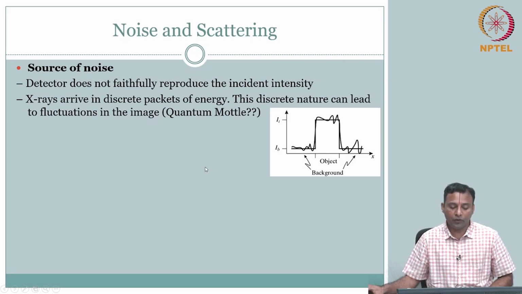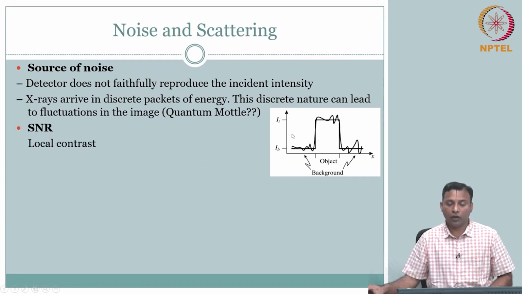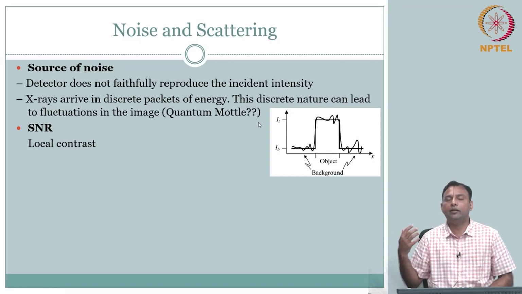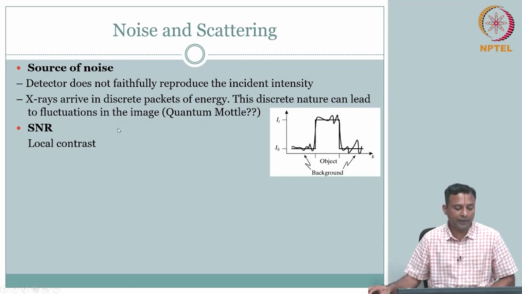This is where I want you to be careful. Whenever we talk about noise, you need to know what the noise is, but it is always in the context of signal that we are worried about the noise. So it is always the signal to noise ratio that will be analyzed.